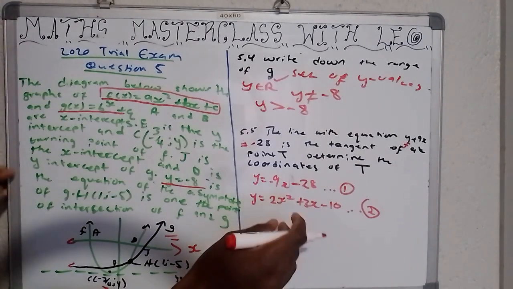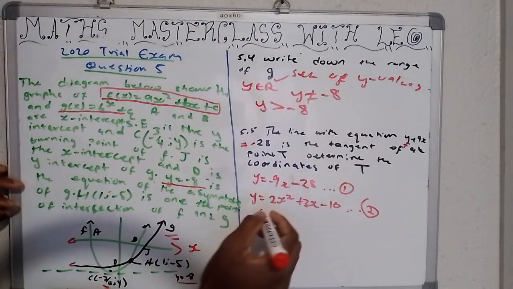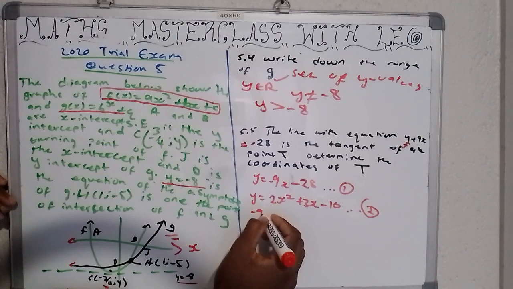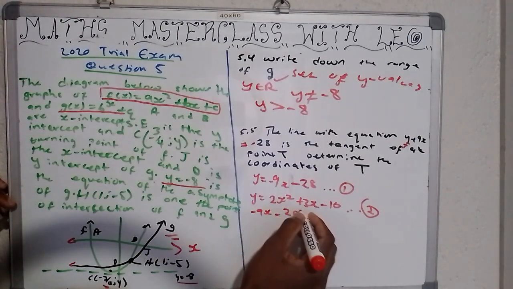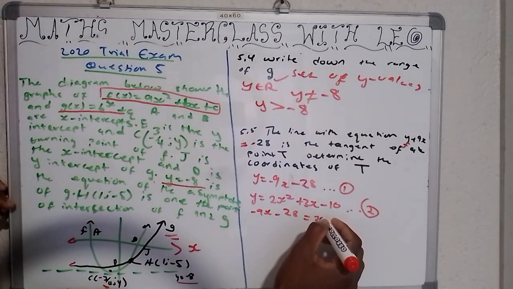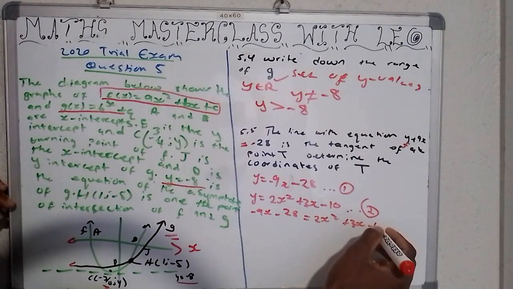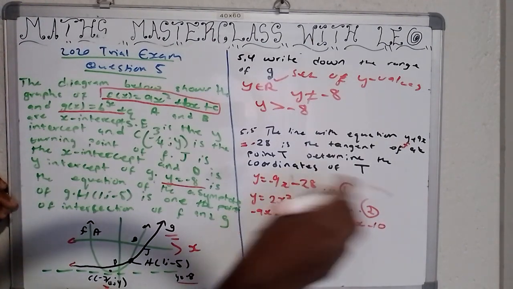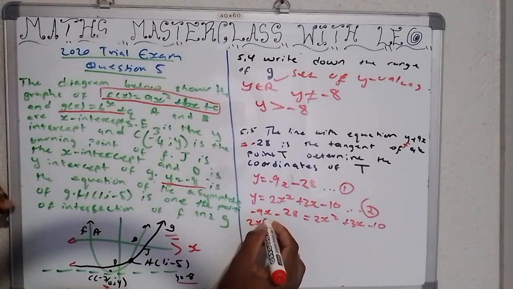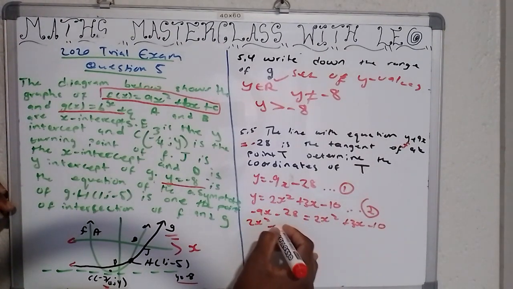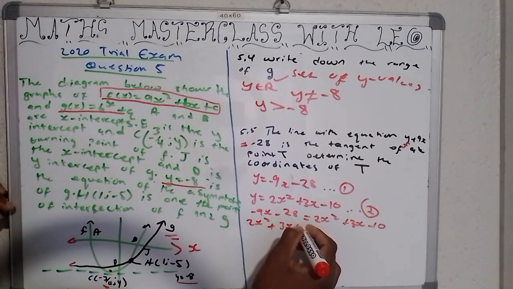I can say equation 2 subtract equation 1 and have -9x minus 28 is equal to 2x squared plus 3x minus 10.